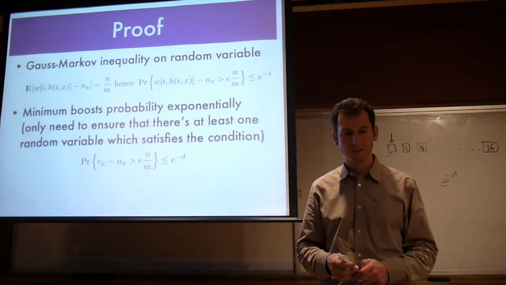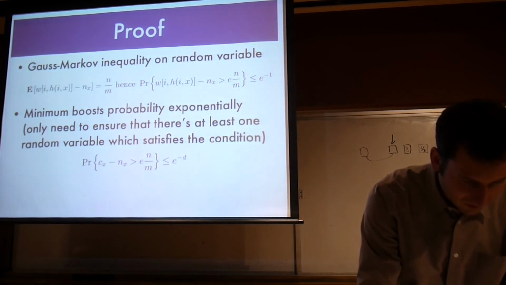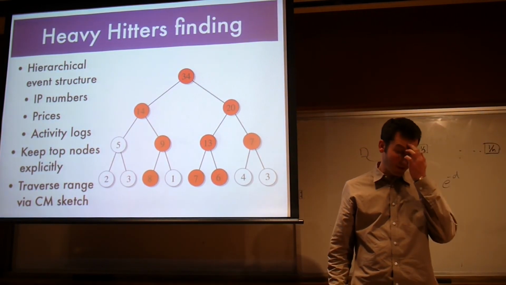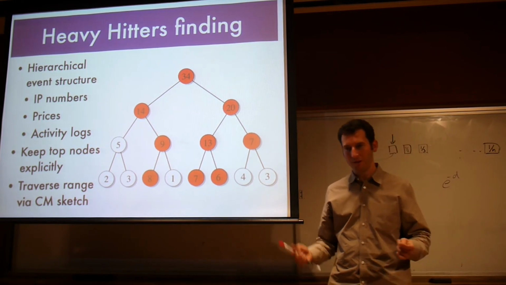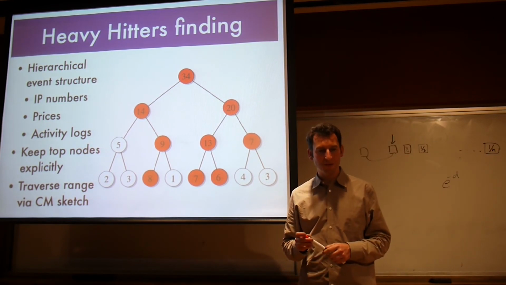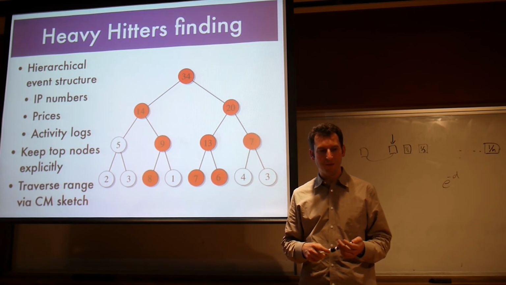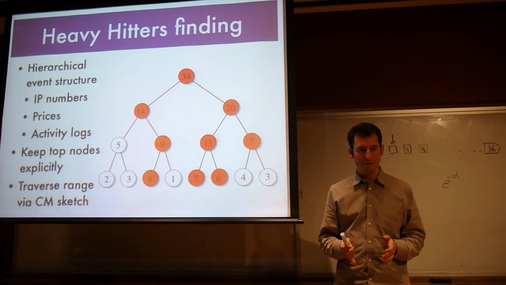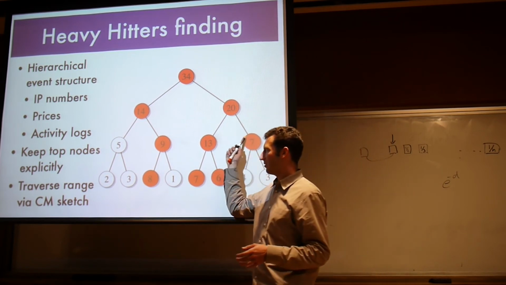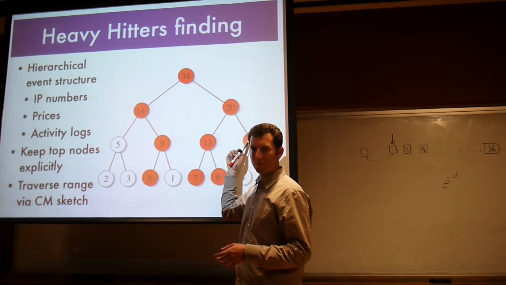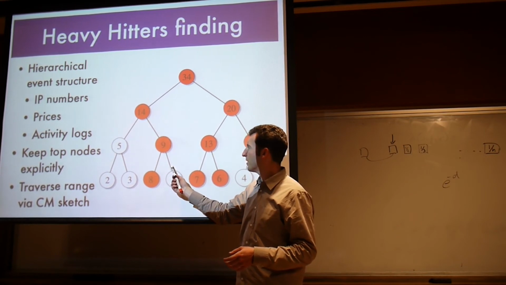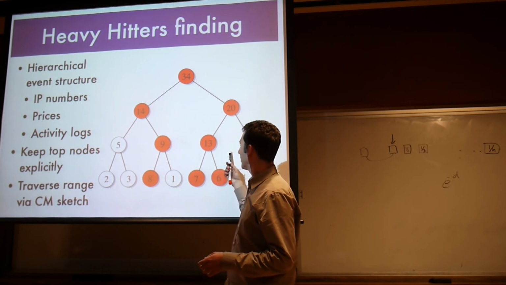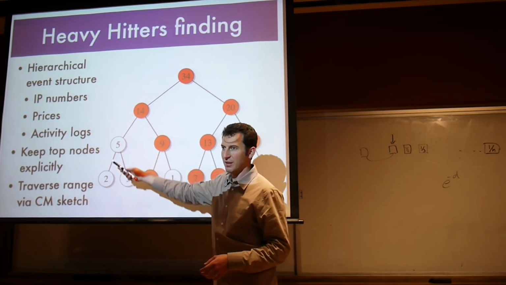Okay. So what can you use this for? One of the first examples where Muthu Muthukrishnan and Graham Cormode used it was at AT&T for heavy hitter finding in IP ranges. So there, suppose this is a tree that's given by your IP ranges, and you build this count-min sketch, and you keep the top of the tree exact.